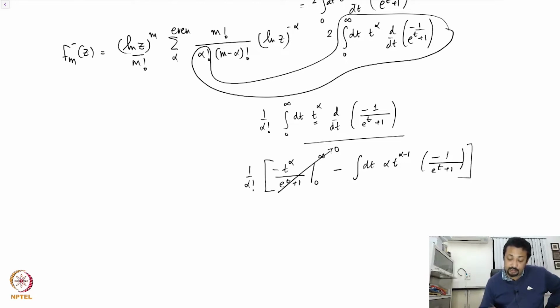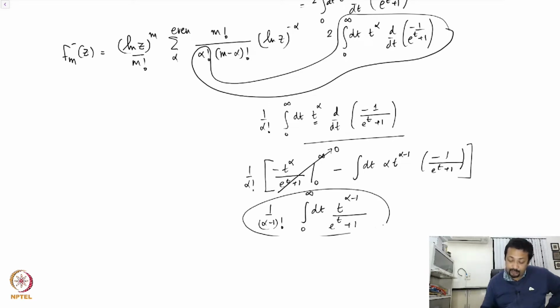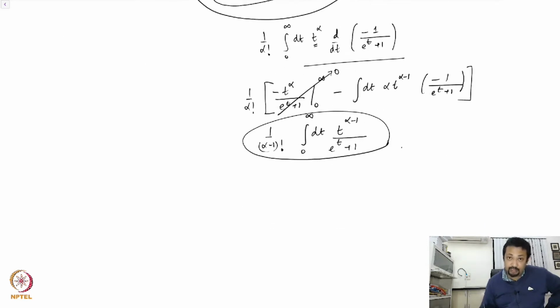This vanishes and you have alpha minus 1 factorial, 0 to infinity dt t to the power alpha minus 1 divided by e to the power t plus 1. Strikingly familiar, right? Because this is f of alpha minus 1.